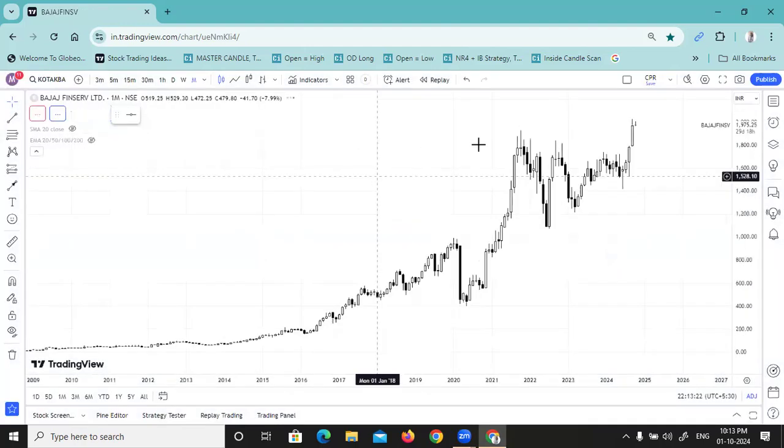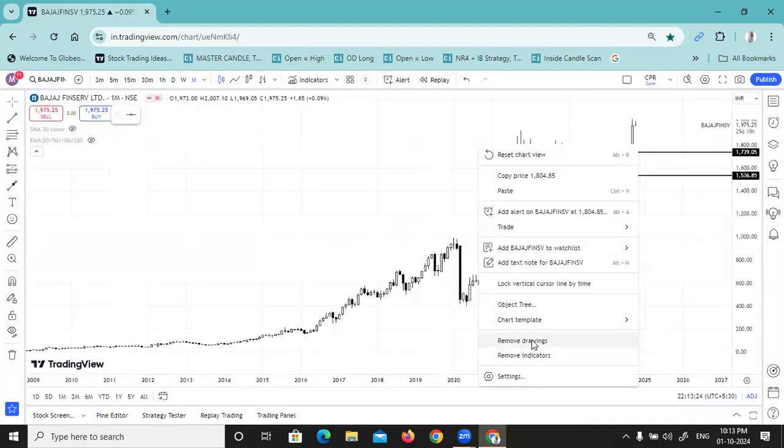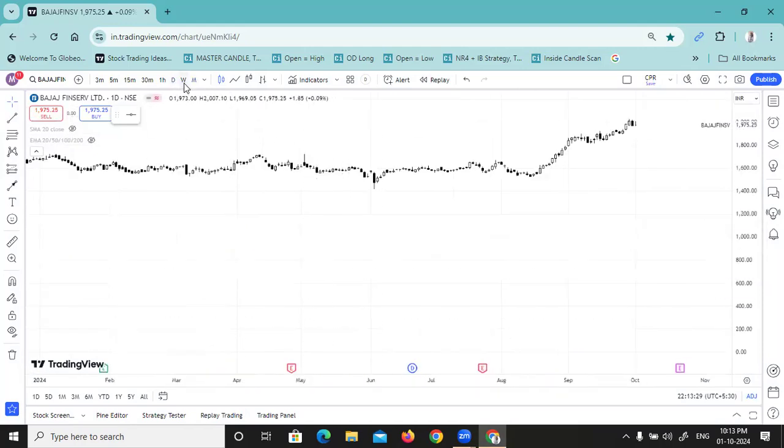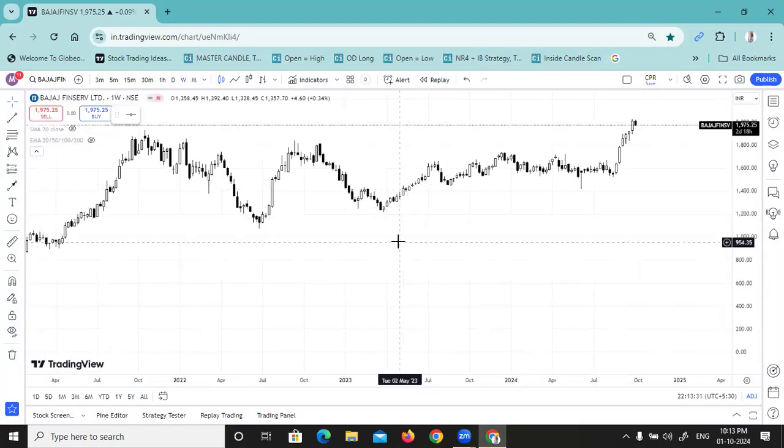Okay, next stock I will show you, Bajaj Finserv. Let's look at it on the weekly time frame again.